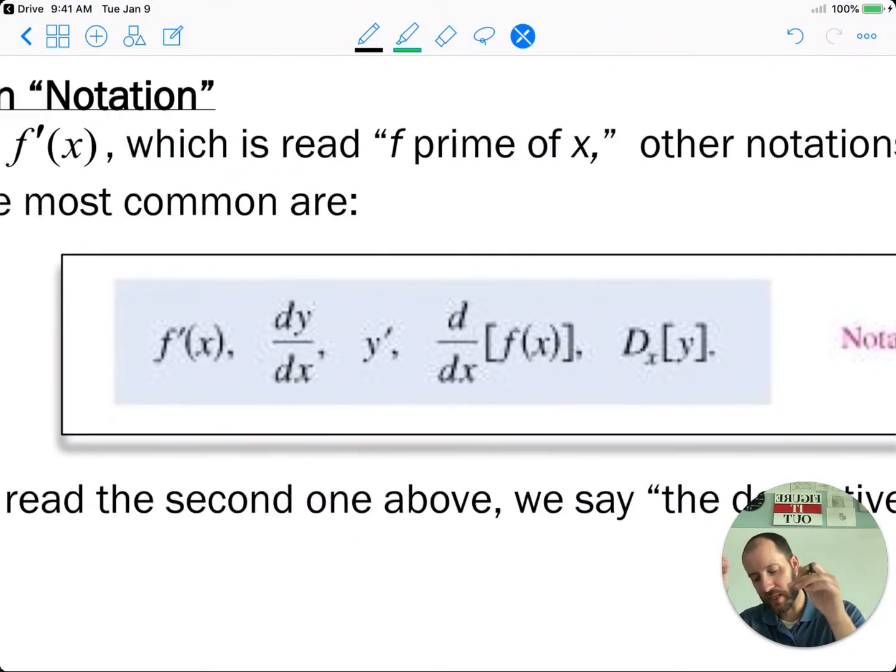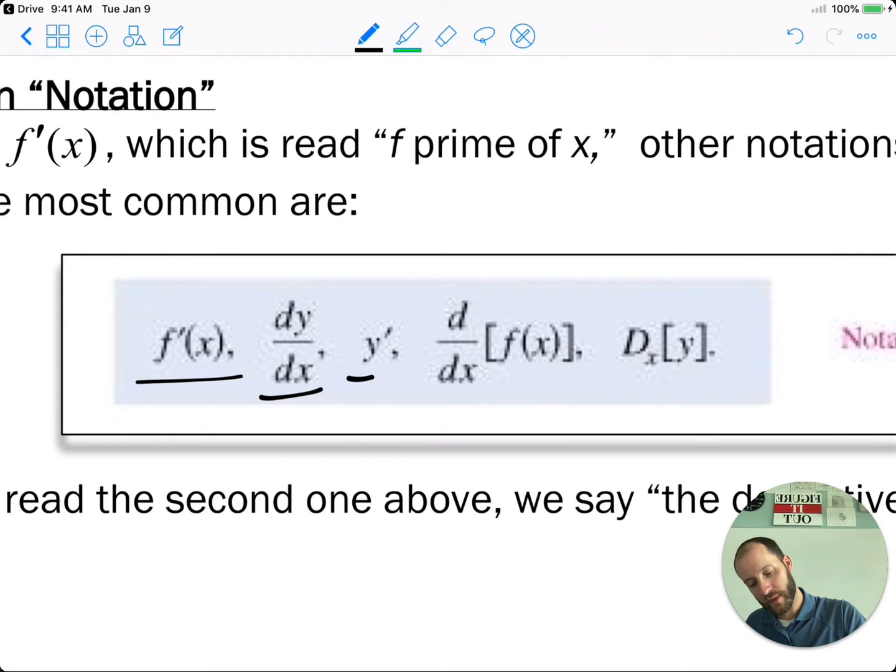Quick side note on notation. F prime of x, so the apostrophe, f prime, dy dx, the derivative of y with respect to x. So you're taking the derivative of a function where y equals, but x is your independent variable.